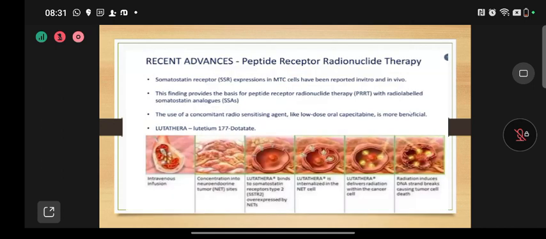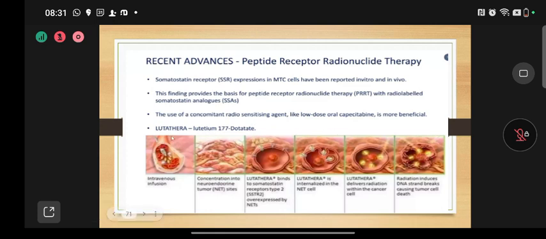This slide shows peptide receptor radionuclide therapy. It is a recent advance based on somatostatin receptor expression on neuroendocrine tumors. These receptors can be radiolabeled with somatostatin analog, and concomitant radiosensitizing agents like capecitabine can be used along.